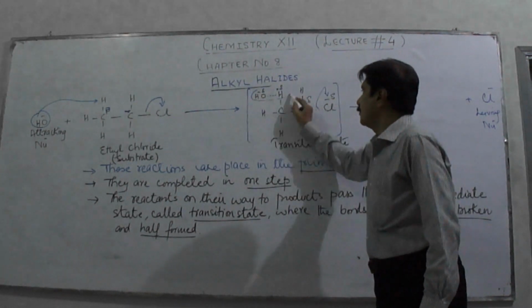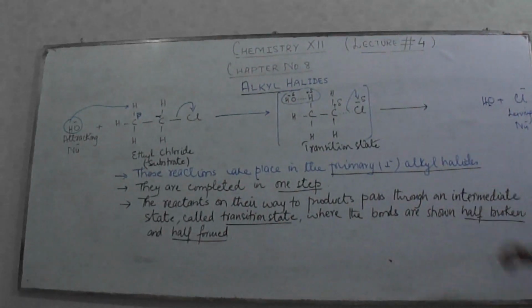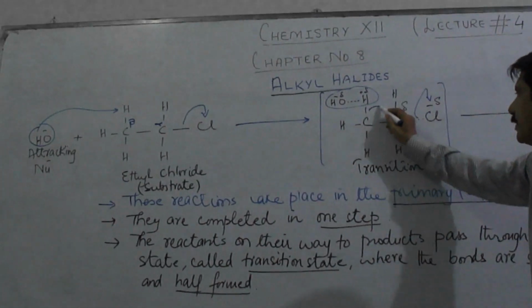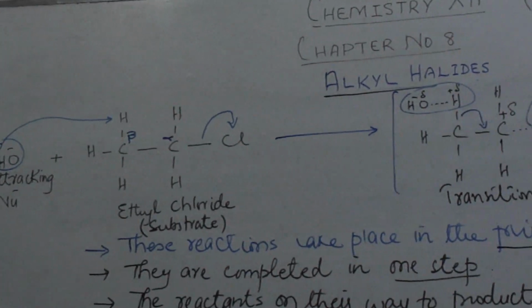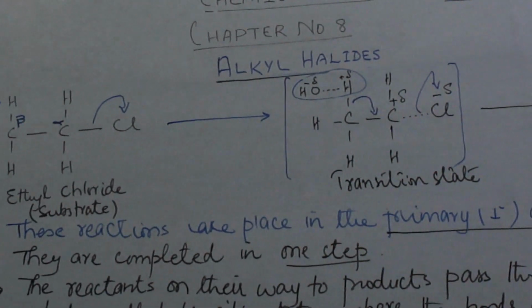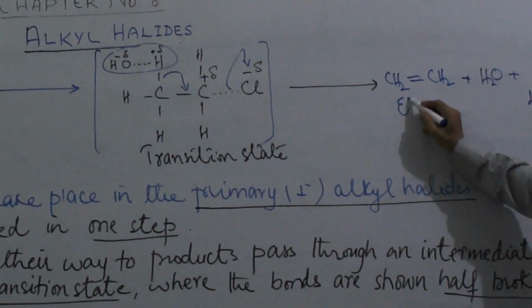This H and OH make a new bond to make water, and this bond between carbon and hydrogen will be shifted between the two carbons, resulting in the formation of the main product, ethene.